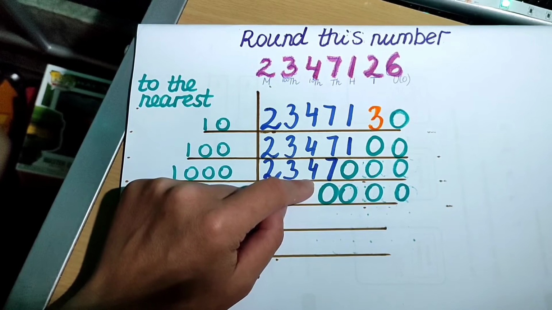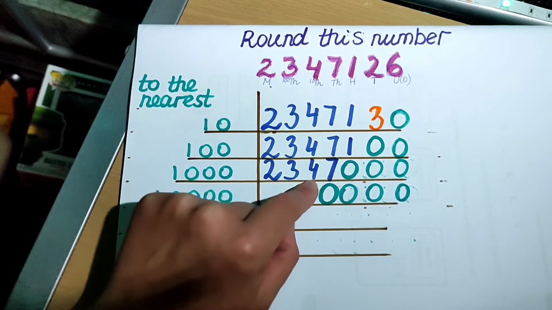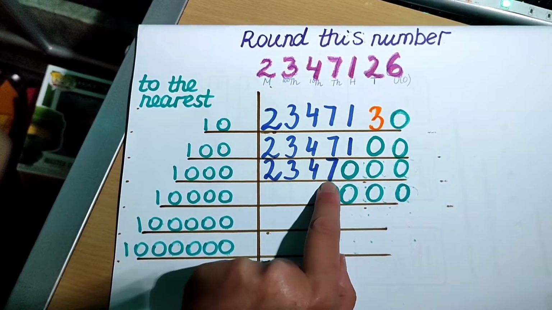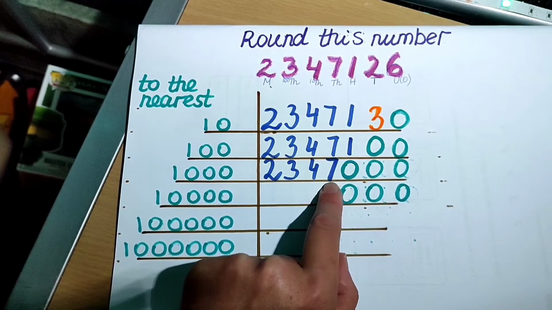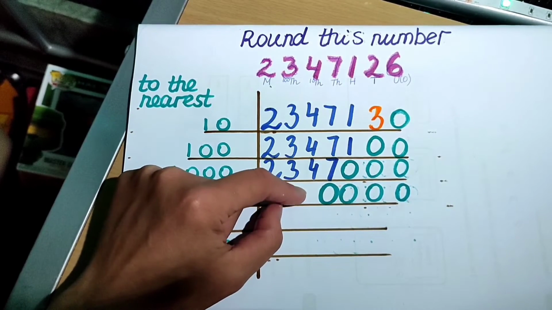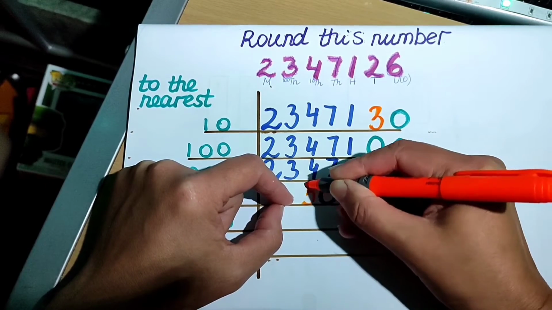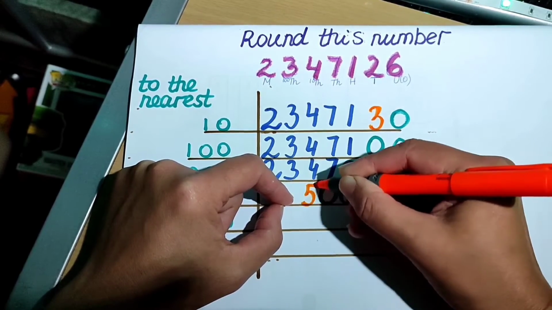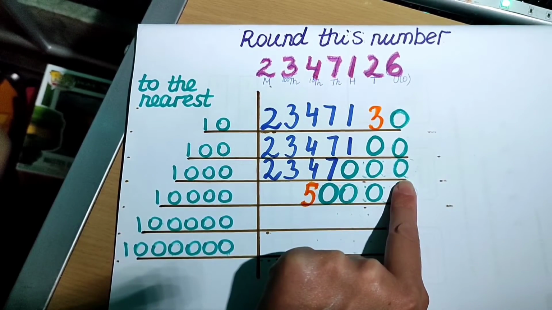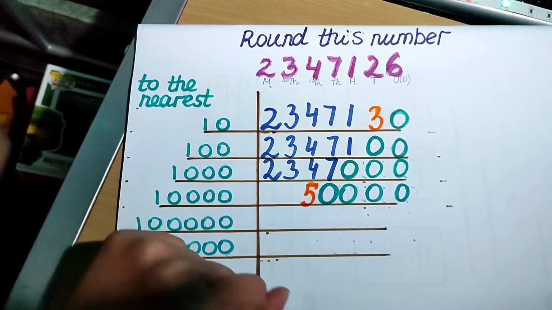Well, to determine if our 10,000 stays the same or if it rounds up, we're looking at our 1,000, at our number next to it. And 7 is more than 5. That means that our 4 turns into 5. We've rounded up. In other words, 47,000 is closer to 50,000 than to 40,000.